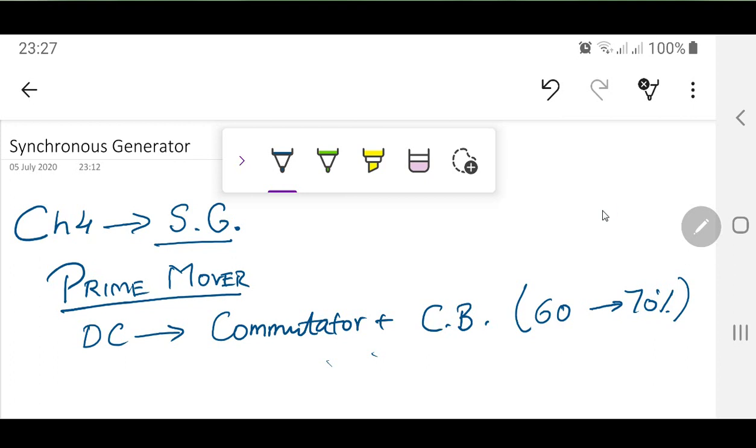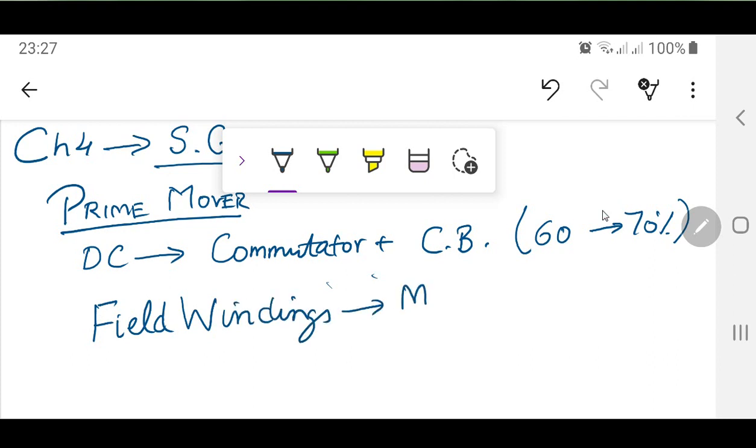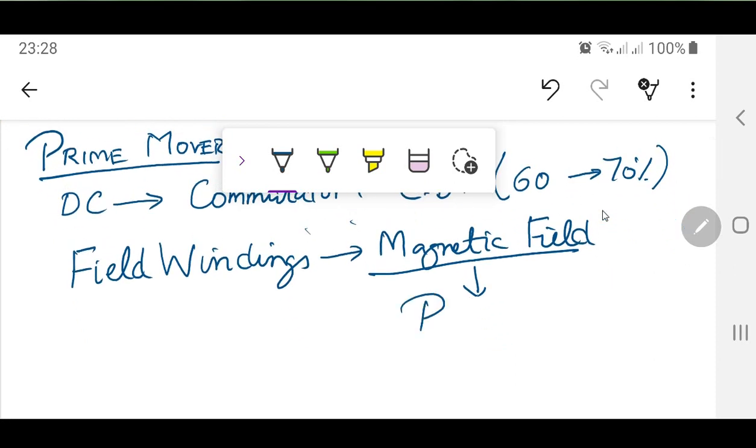So when we use the word synchronous generator, in the synchronous generator we are going to change this. How we are going to change that is that this time the field winding which we used to produce on some poles, this field winding which we are going to have for the magnetic field, that magnetic field is going to be produced on a rotor.